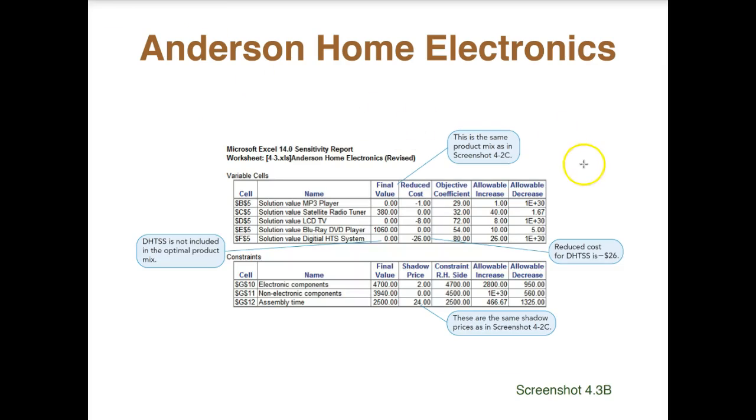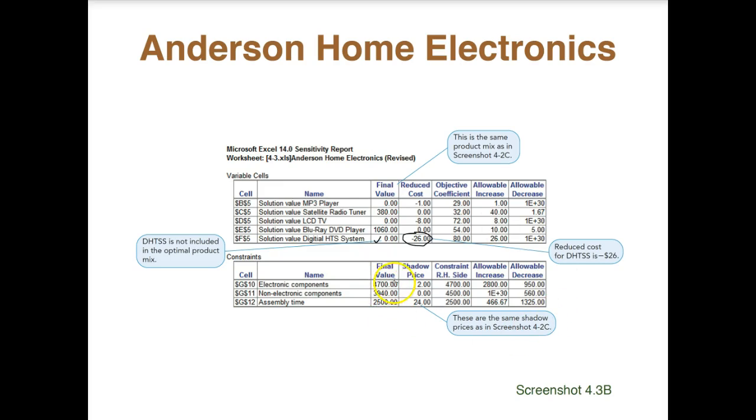And if we go to our sensitivity report here, we'll see that for the final value or final solution for the theater system, we're not going to produce any. And we see that the reduced cost, or the opportunity cost, says that we need to somehow raise the price by $26 or reduce cost by $26 so that it can make sense for us to make this particular product.